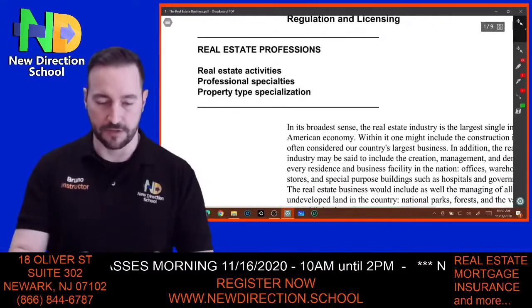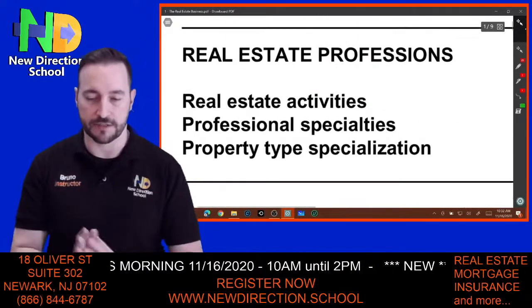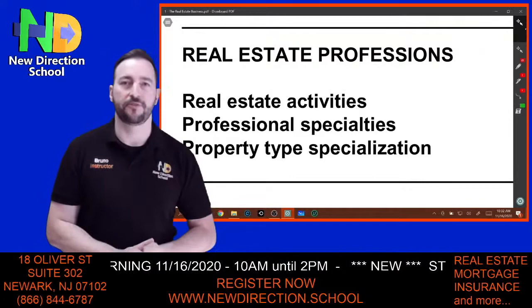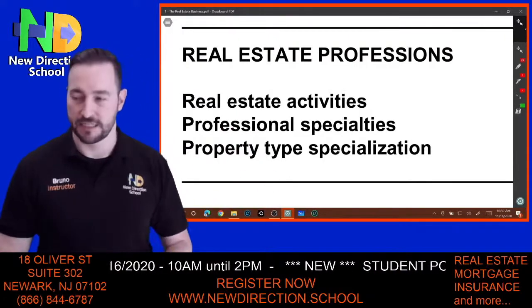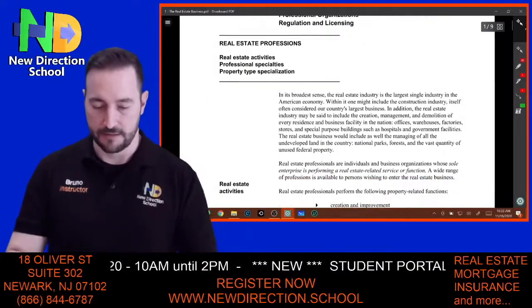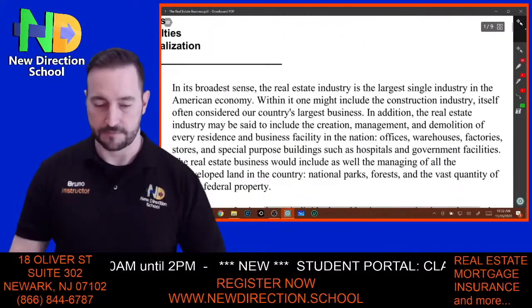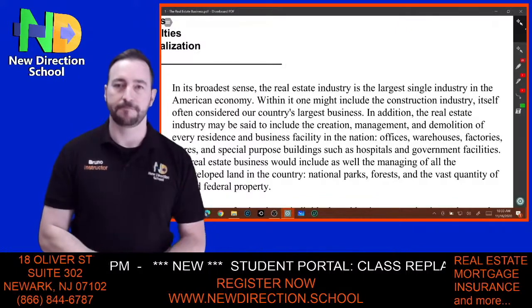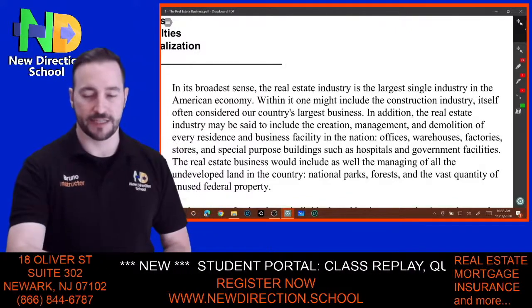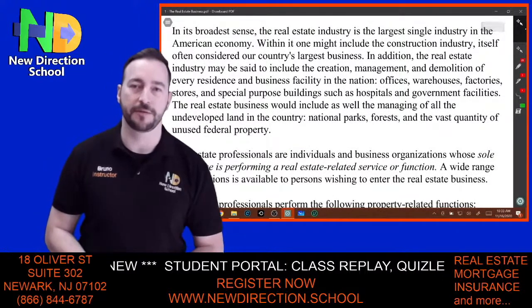All right, so we're going to talk about real estate professions to start. In the real estate professions, we have real estate activities, professional specialties, and property type specialization. In the broadest sense, the real estate industry is the largest single industry in the American economy.